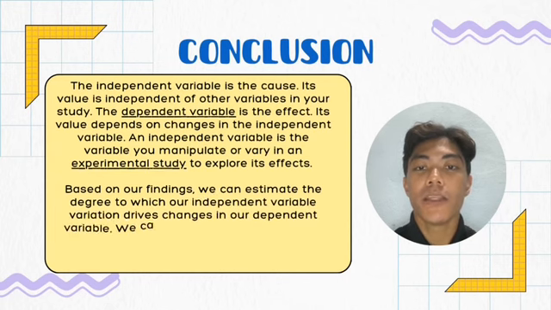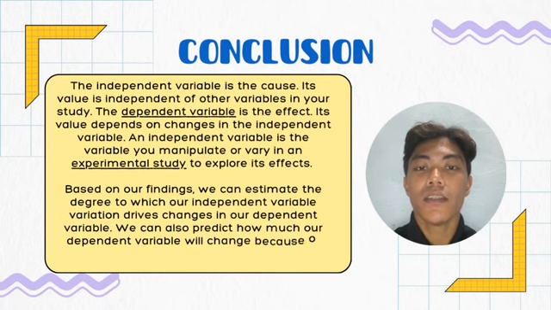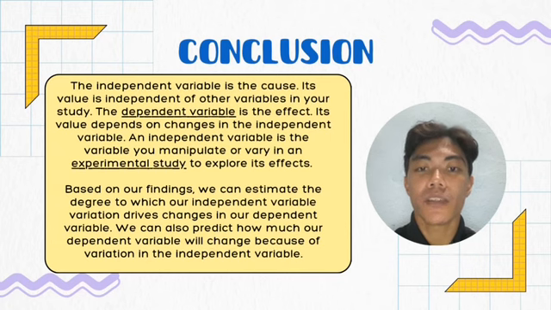The dependent variable, on the other hand, is the effect. Its value depends on changes in the independent variable. It is the outcome or result that is measured after the independent variable is manipulated.